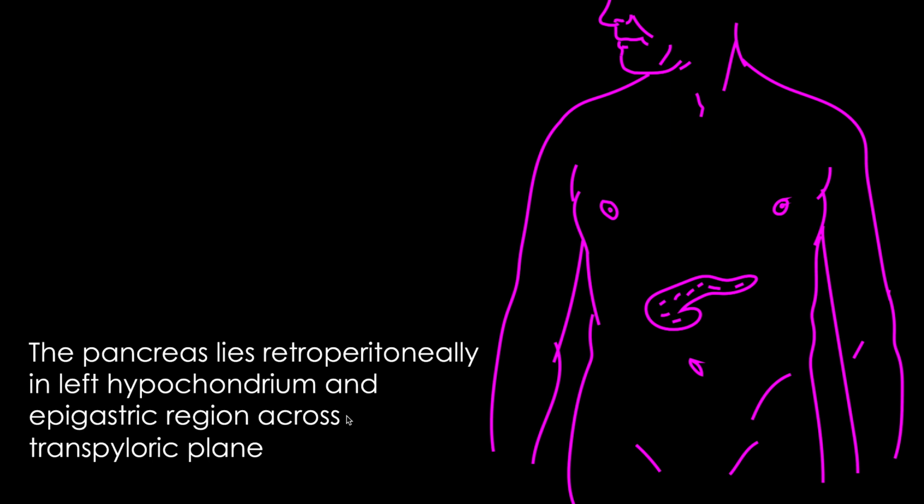Its big head is connected by a short neck to the body, which crosses the hilum and tapers to a narrow tail on the left side. It is located in the retroperitoneum across the transpyloric plane.